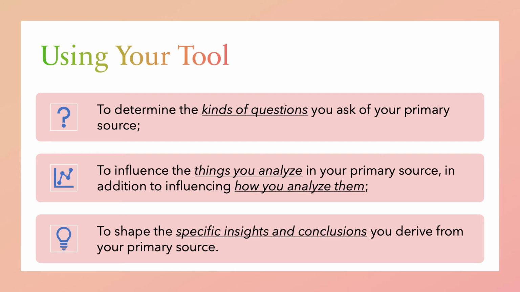And if you know about the findings that work with your tool has typically led to, you can engage other scholars in a discussion of how your results compare to theirs. All of these are things that I would like you to do in this paper.